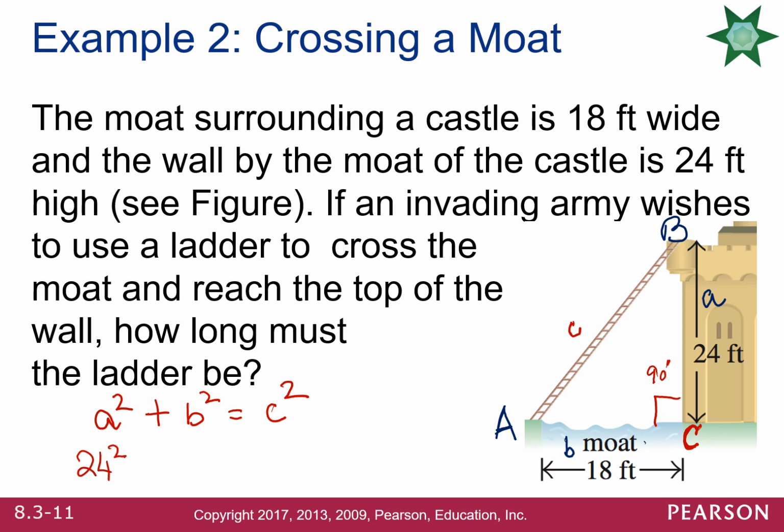Let's replace the value of a by 24. b is 18, so I'm going to replace b by 18 and square it, 18 squared. If we know the values of a and b, we can find c squared by completing this calculation. So we'll see that in the next slide.